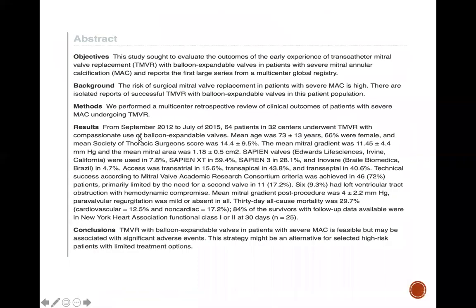Initially, the TMVR was balloon expandable, and there were only some series with patients. They used a CPN valve, with multiple attempts, not great success. Also, these were several really high-risk patients with limited treatment options, so they went with that option.